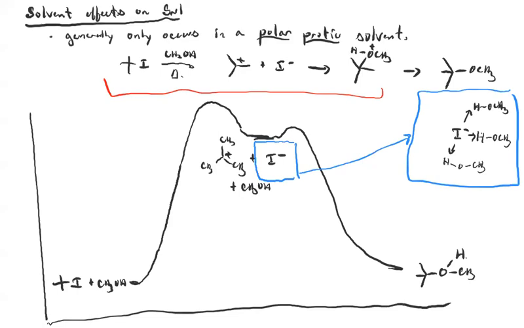Okay. I am paying for breaking that CI bond. And part of the way that I can compensate is by making hydrogen bonds. And so you can effectively think about those hydrogen bonds as being subtracted from the bond enthalpy of the CI bond and reducing the delta G between these intermediates and the starting material, okay?